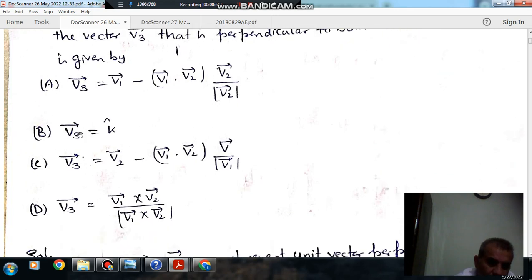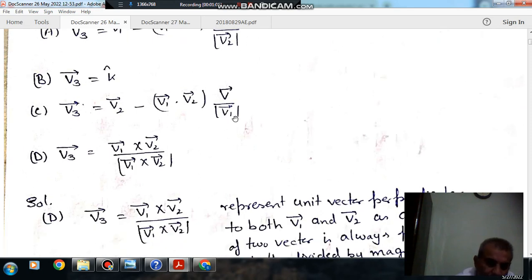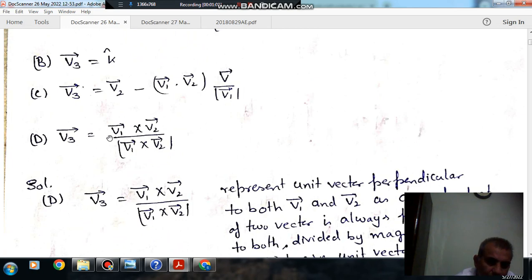Option B, v3 = k cap. Option C, v3 = v2 minus (v1 dot v2) divided by magnitude of v1. Option D, v3 = v1 cross v2 divided by the magnitude of v1 cross v2.